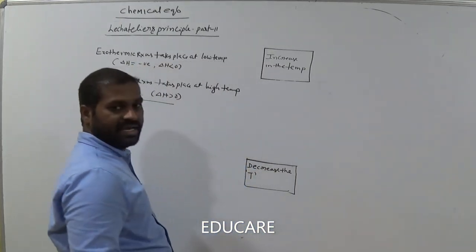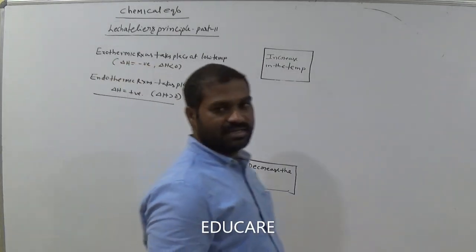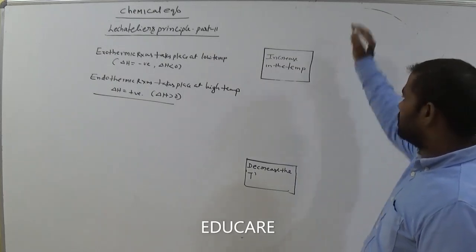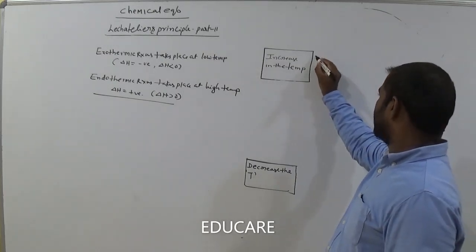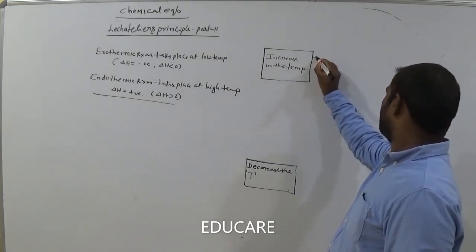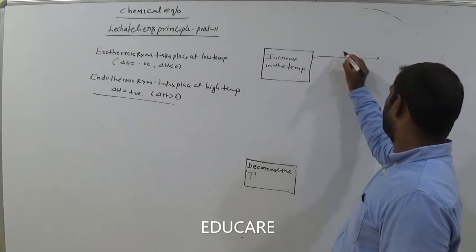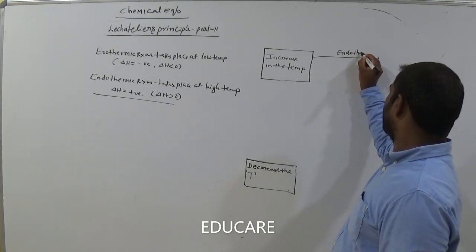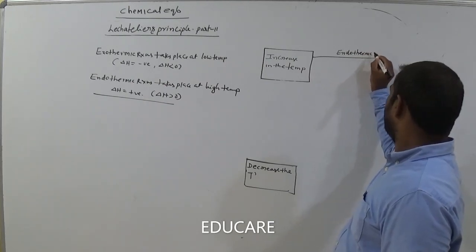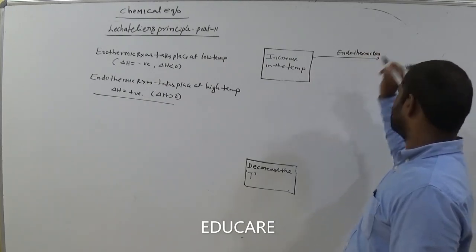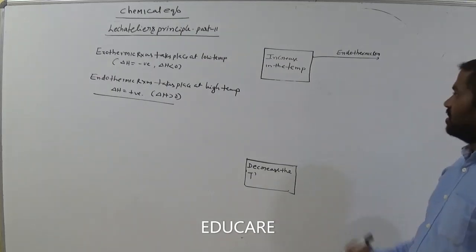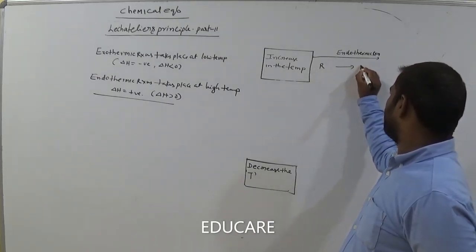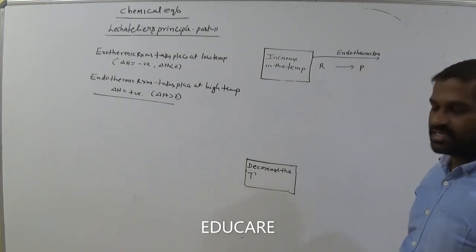Is it clear? Now, increase the temperature. We have two reactions regarding this. One is the endothermic reaction. Suppose this is the reactant and this one is the product. Am I right? This is the reaction.